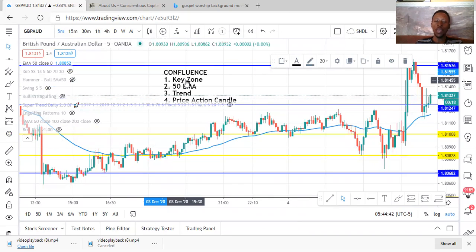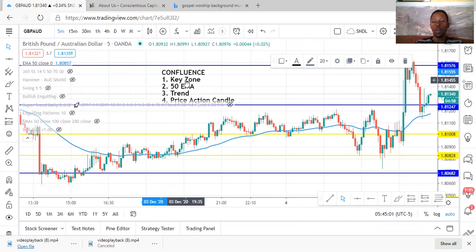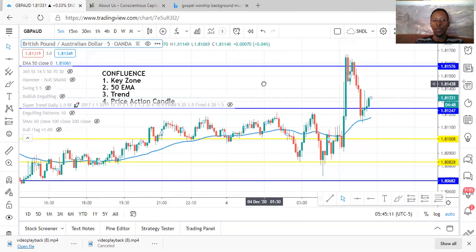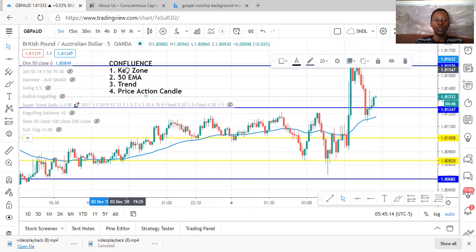At least 3 is the minimum. Once 3 of these confluences are confirmed, you are good to go to take your trades. So let's see if this is a good time for us to take a trade.